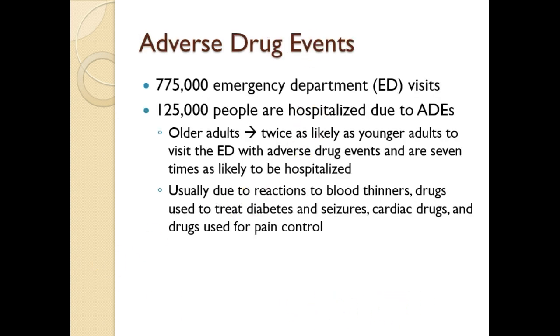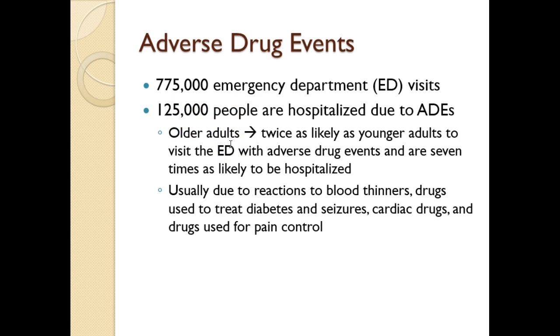With the older adult population, they're more likely to have a lot of adverse drug events. So 775,000 ED visits in a certain year were found to be related to older adults, and it was because of medication adverse drug reactions. And out of this 775,000, 125,000 people were hospitalized.